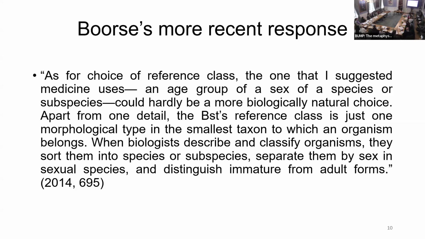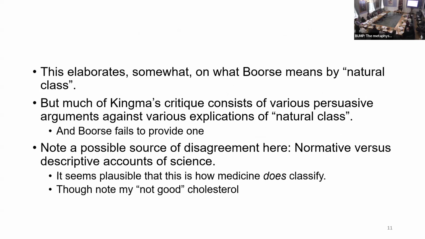But I want to say something about why I think these are the right classifications, the right classes. I think it does elaborate somewhat on what Boorse means by natural class, but I think much of Kingma's critique is not really touched by that response, because most of Elsen's critique consists of various persuasive arguments against various explications of what a natural class is, which Boorse has not given.